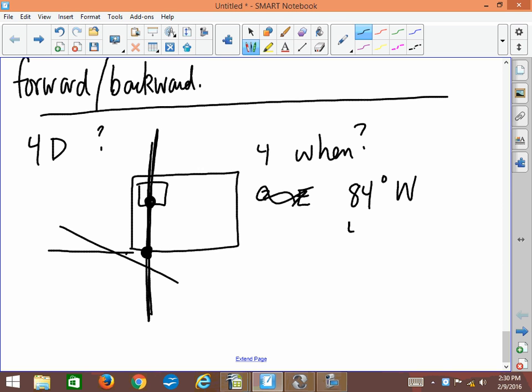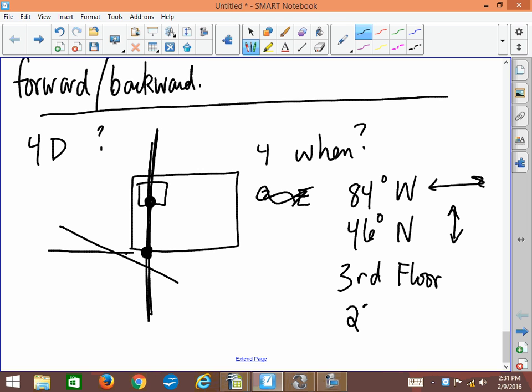And then we're at about 46 degrees north, so that's our east-west. This is our north-south. We'd also have to say third floor, which is the up-down part, which I can't really draw because it's in and out. And then we also have to say at 2:30-ish, because that's the time element of when you're there. So you see there's 1, 2, 3, 4 different dimensions to locate you in space and in time.